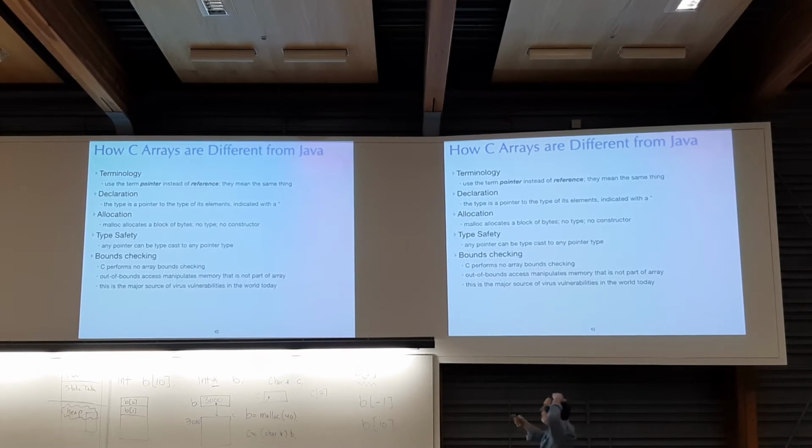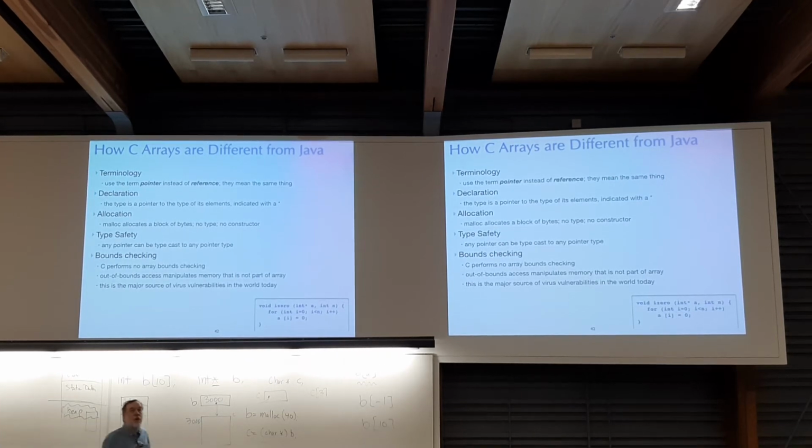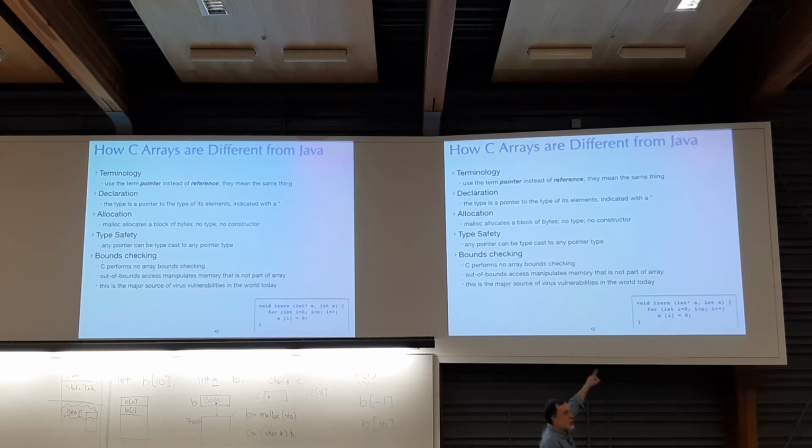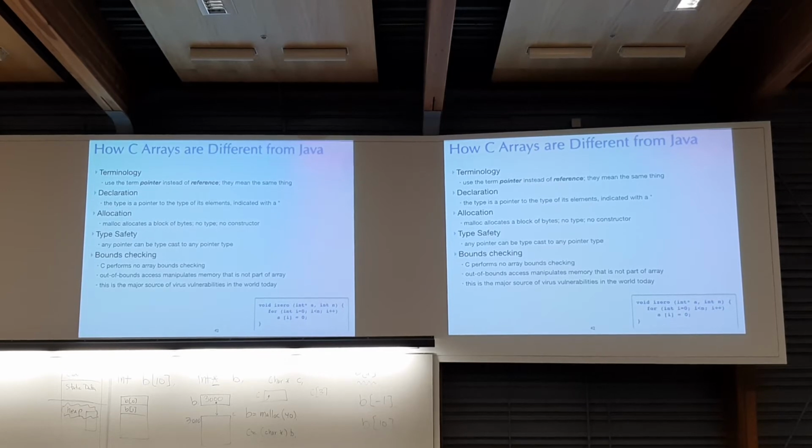And to get at that, what I want you to do is think about, so we're going to look in C now. And here's the procedure in C that zeroes out an array. The parameters are an array, so int star A, right? A is an array, and n, which is the number of elements of the array, and then we have a loop that copies 0 into each element of the array.